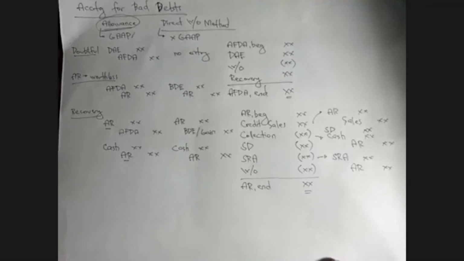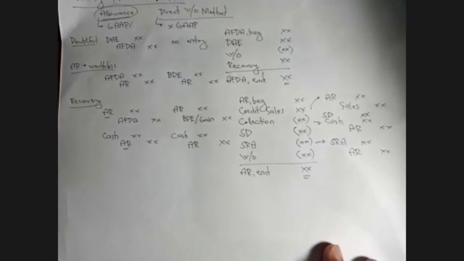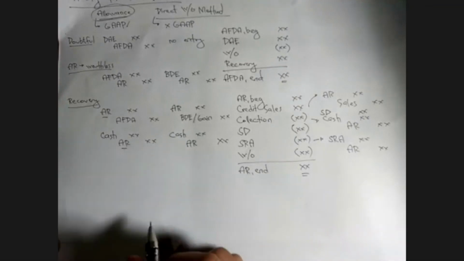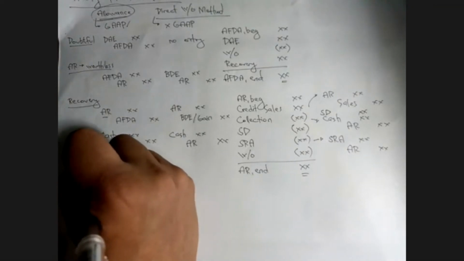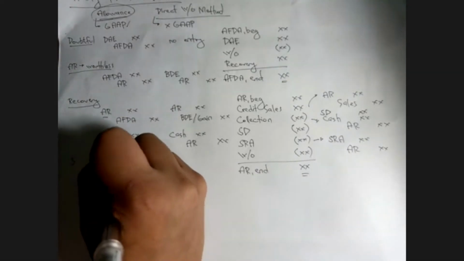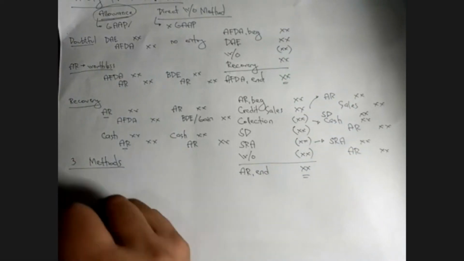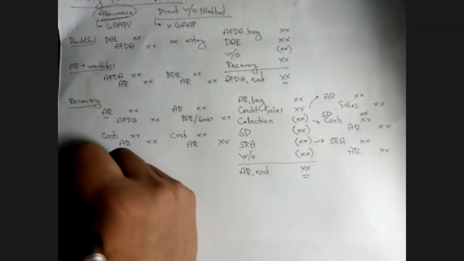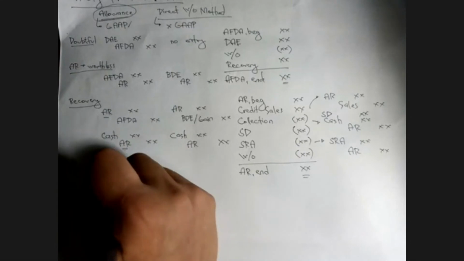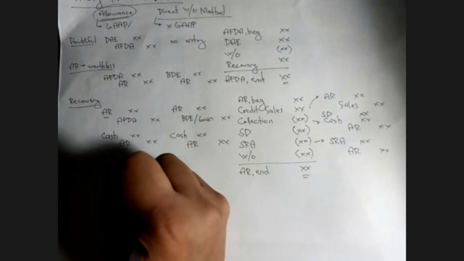Next, meron tayong 3 methods on how to estimate doubtful accounts expense. What are these methods? Method number 1 is yung tinatawag natin na percentage of sales method.